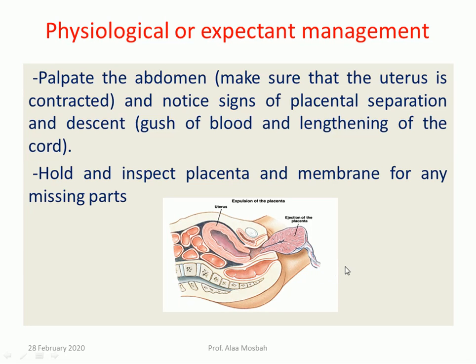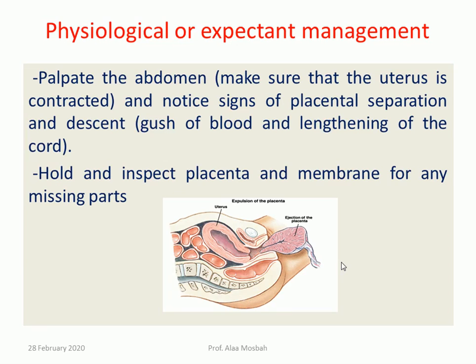The lines of management of the placenta are two: physiological or expectant management and active management. About physiological or expectant management, we palpate the abdomen and make sure that the uterus is contracted, and notice the signs of placental separation and descent like a gush of blood and lengthening of the cord, and the uterus becomes more globular with a suprapubic bulge.